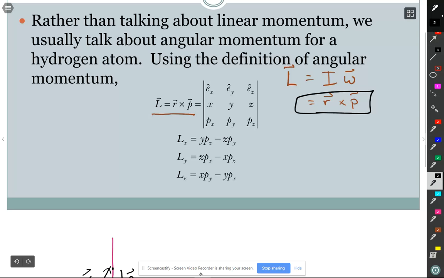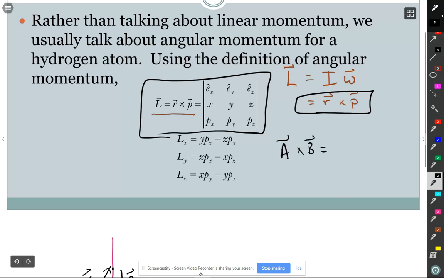And this is the general way of doing a cross product. If I want to do A vector cross B vector, I put the unit vectors: E sub x for a unit vector in the x direction, E sub y for the y direction, E sub z for the z direction.